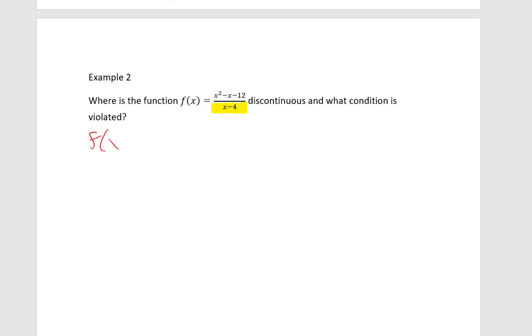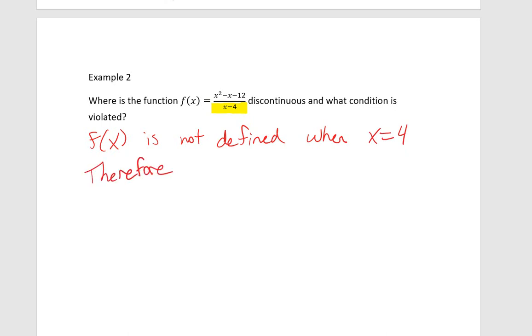So f of x is not defined when x equals 4. Therefore, it is discontinuous at x equals 4. Now, we want to know what conditions have been violated.